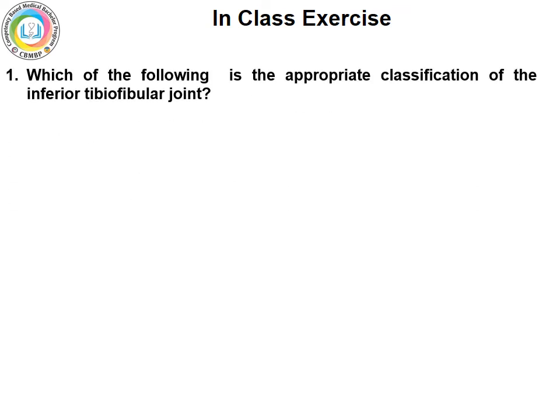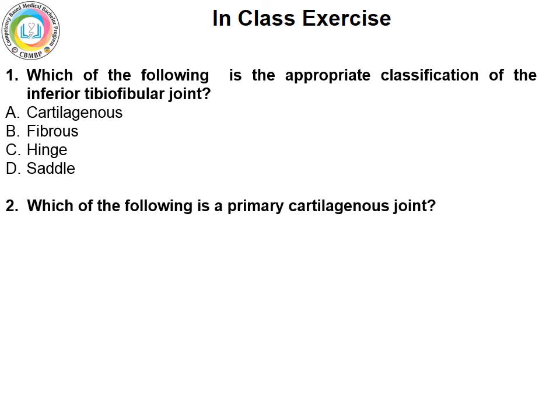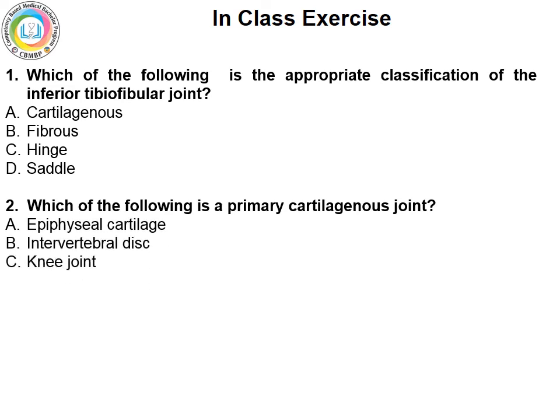Let us see this in class exercise. Which of the following is the appropriate classification of the inferior tibiofibular joint? Cartilaginous, fibrous, hinge, saddle. Number 2, which of the following is a primary cartilaginous joint? Epiphyseal cartilage, intervertebral disc, knee joint, suture.